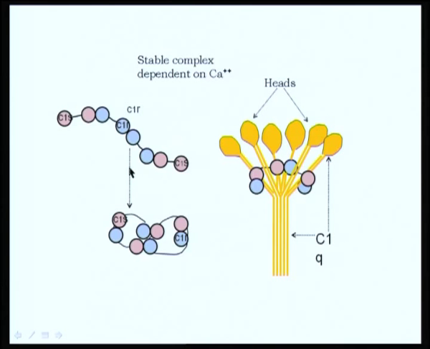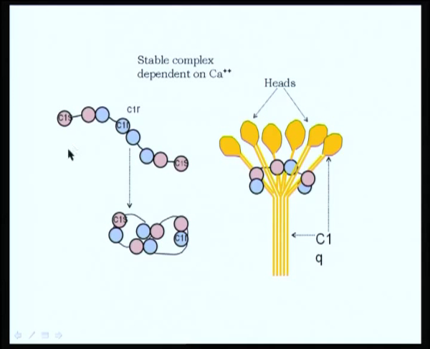On the other hand, the C1s and C1r are complexed together very closely, and in the serum they are usually present as an S-shaped complex. But the same can bind to the C1q in a calcium dependent manner, and when bound to C1q, they have a structure which is H-shaped.